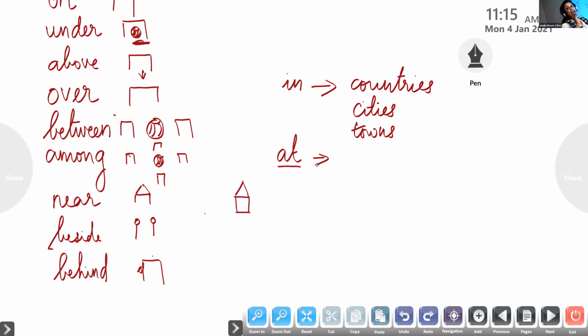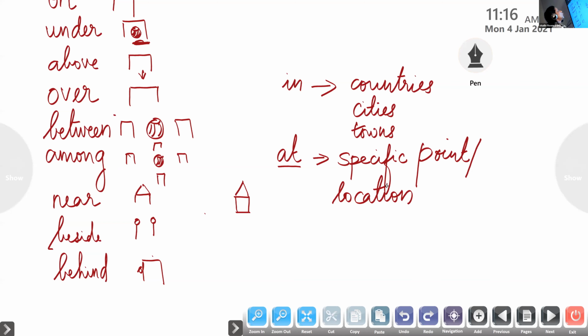It tells us the specific point or the location where something is located. Have all of you understood this, children?